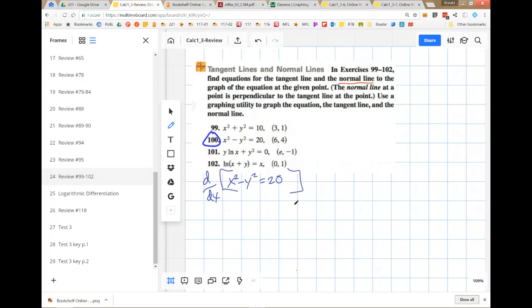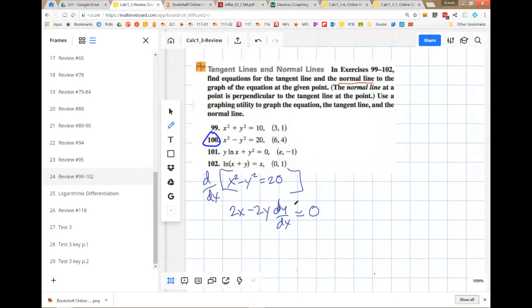When you take the derivative of x squared, of course, that's 2x. The derivative of minus y squared is minus 2y, but because that's not an x, you have to take the chain rule, the derivative of y with respect to x. And on the right side, the derivative of a constant is 0.